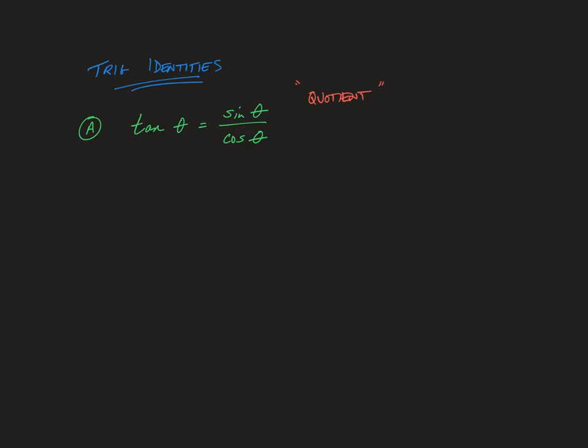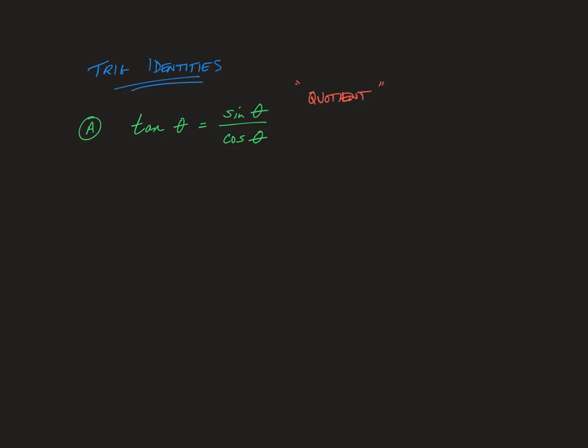Now, if we're going to use an identity, then we have to prove it first. So we have to prove it ourselves to ensure that this green statement is always true regardless of what angle theta is.